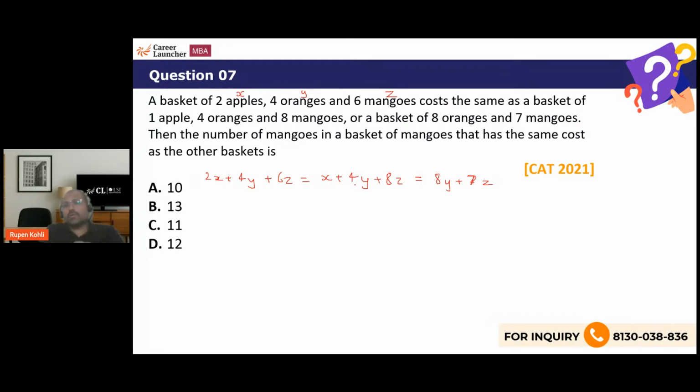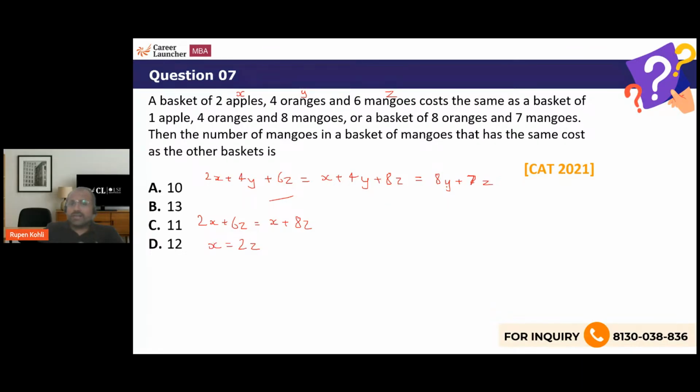It's the same number of oranges on both sides. So we directly can write from here that 2x plus 6z equals x plus 8z, which means that x is twice of z.